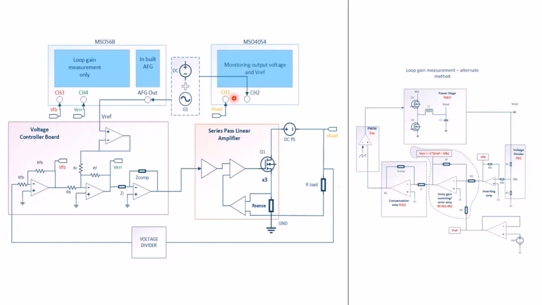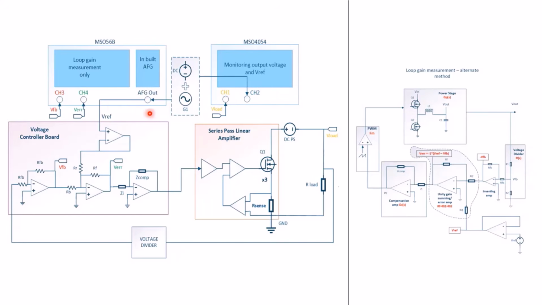On another scope, which is MSO 4054, I'm measuring the load voltage on channel 1, and I'm using a splitter to split my function generator so that I can also monitor the reference signal on channel 2 on this scope.